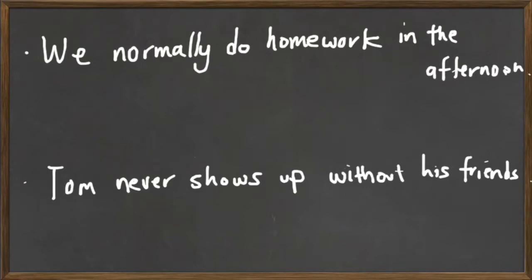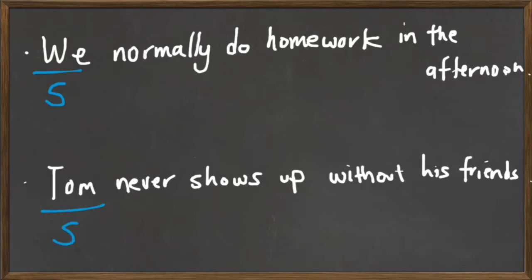We have some examples as well. We normally do homework in the afternoon. Tom never shows up without his friends. Let's label these two sentences. We have the subject, which in number 1 is we, and in number 2 is Tom.